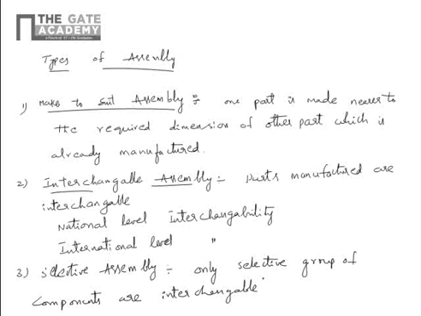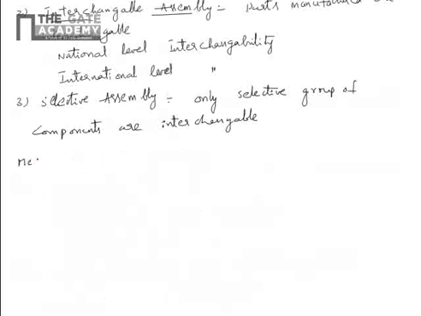two methods of inspection. In methods of inspection, the first method is inspection by variables.